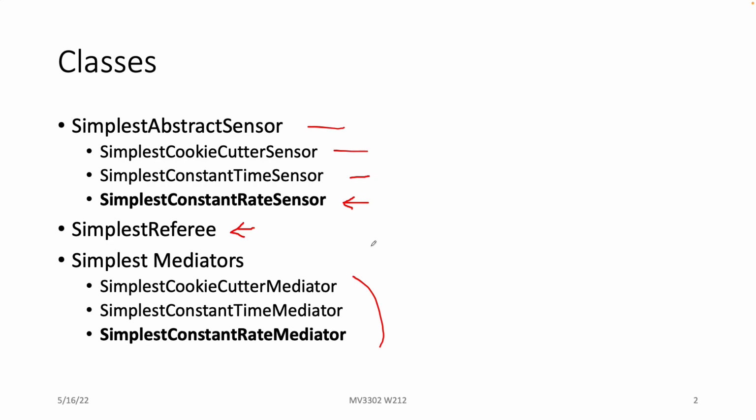Now, as we'll see, in the simplest version, because there isn't information in the events about which movers are running around, in order to make this work, we need to have one referee per mover, basically.